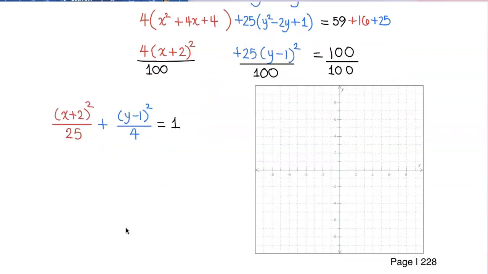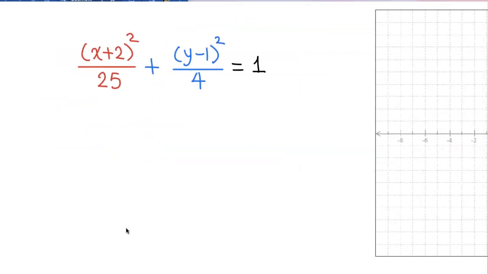Now let's find the center. You can find the center by looking at the numbers being added to or subtracted from x and y. When you have plus 2 for x, we know the x coordinate will be negative 2. Now let's look at the y's. We have y minus 1, so the y coordinate will be positive 1. They're opposite. Now let's see how many we have to go right or left, okay?